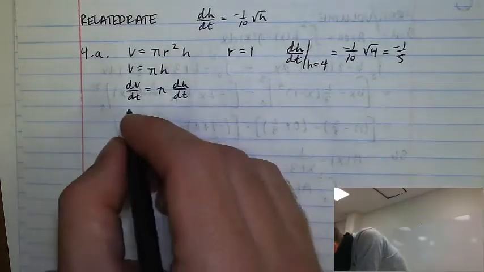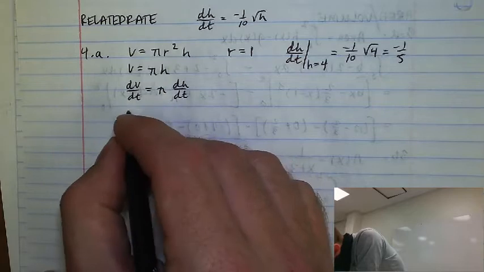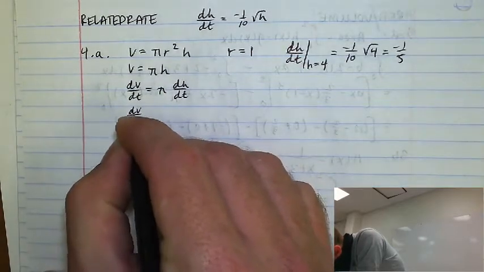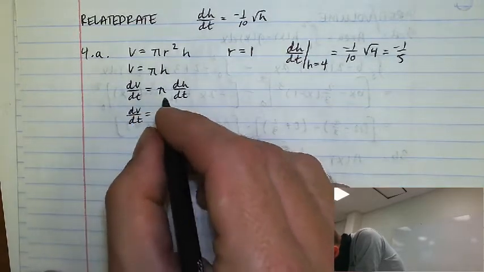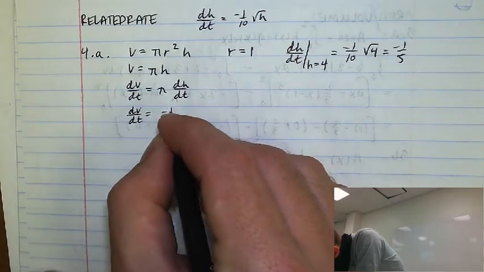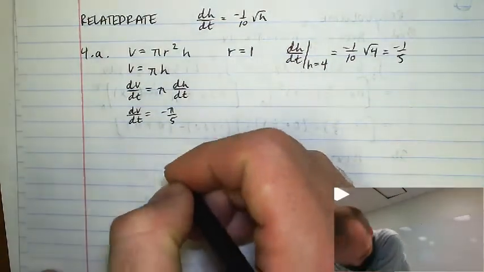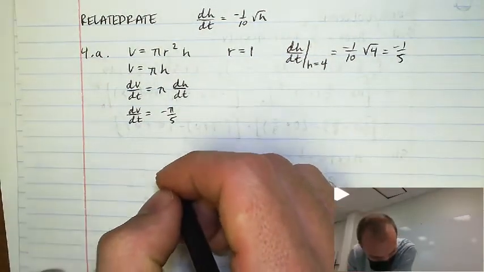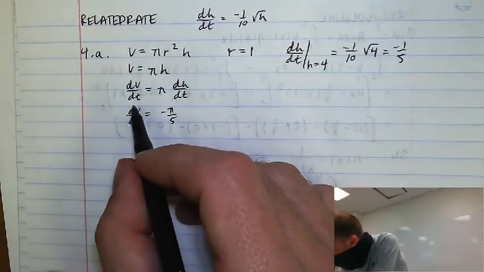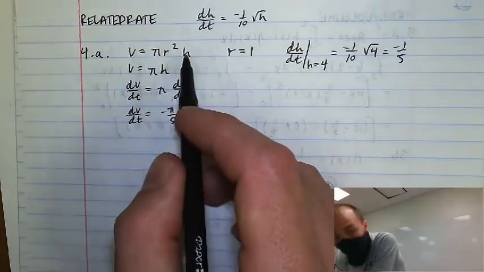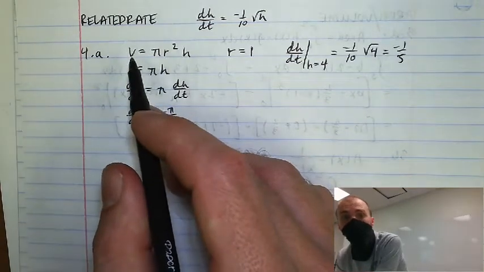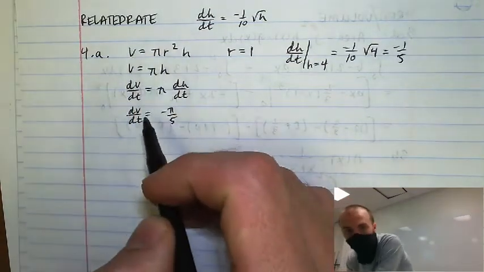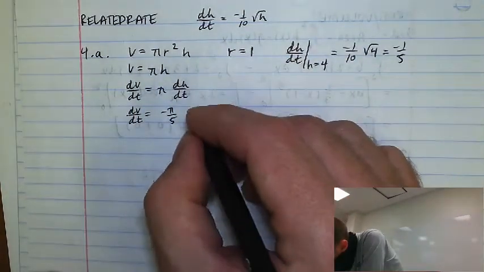And dV dt is going to be negative 1/5 of pi, so negative pi over 5. We need to indicate units of measure. If h is measured in feet, then volume will be measured in cubic feet, and if t is measured in seconds, dV dt will be cubic feet per second.